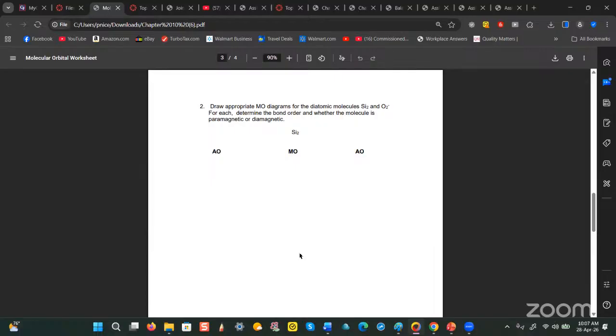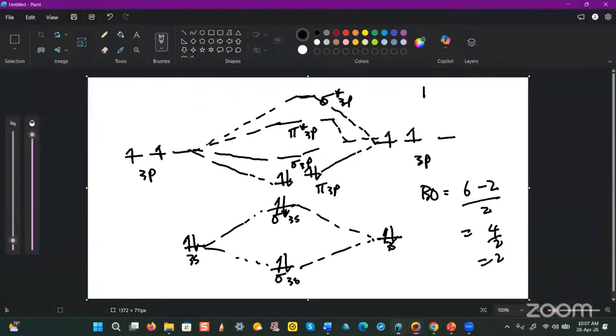If all the electrons are paired up, then the structure is diamagnetic. If we go back to this diagram, you'll see that all the electrons are paired up within the same molecular orbitals in each case. So therefore, this molecule is diamagnetic. Diamagnetic, all right? That's how we answer that.